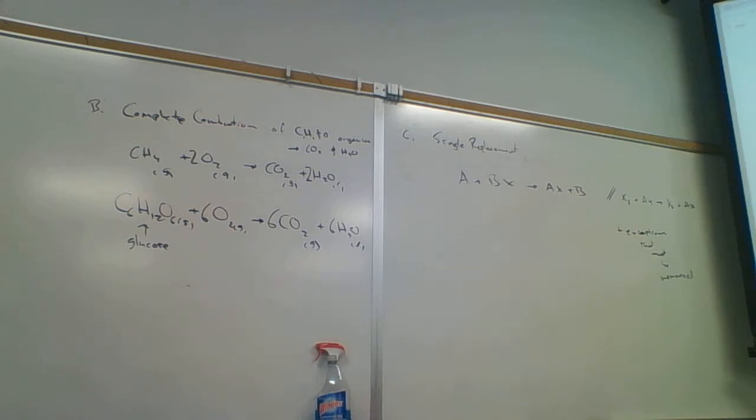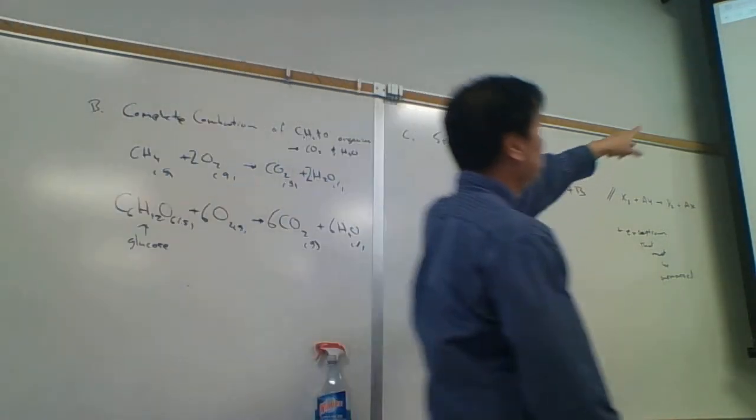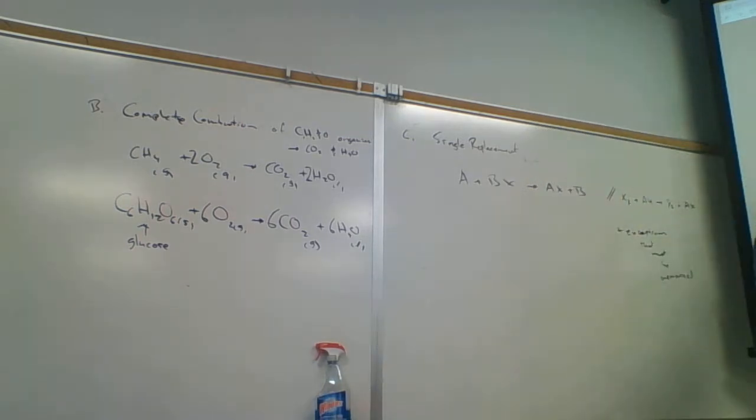If you want, you could use the activity series in your book. It looks like this, where they flip it right side up. The most active is lithium, then it goes down.